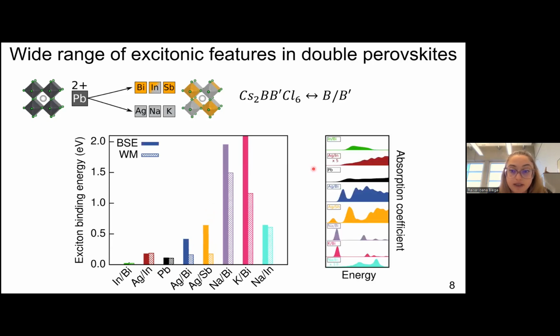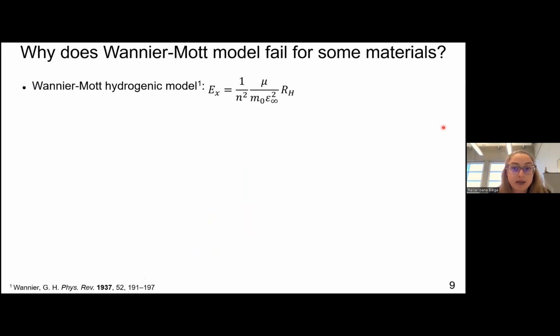And also the absorption spectra of those materials are very, very different. So the question is, why does Wannier-Mott perform well for some of them and fail completely for some other materials? Because they have the same packing with alternating octahedra. So what's so different in those materials?